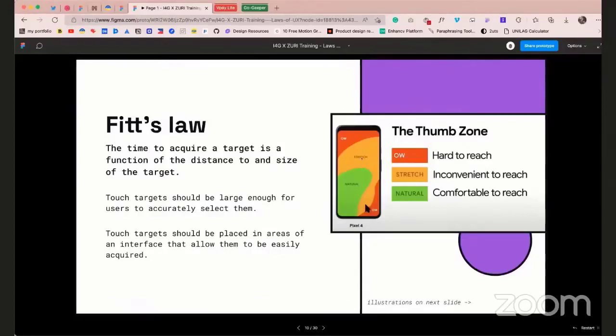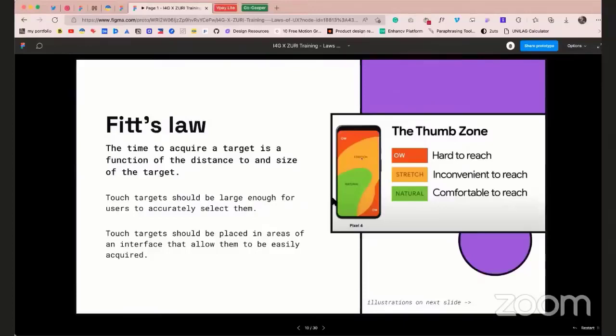This illustration shows the thumb zone, right? So when you're using your phone, this is how convenient parts of your screen are. The green parts are the natural parts which are comfortable to reach. You can touch your phone right now and touch the green parts, right?